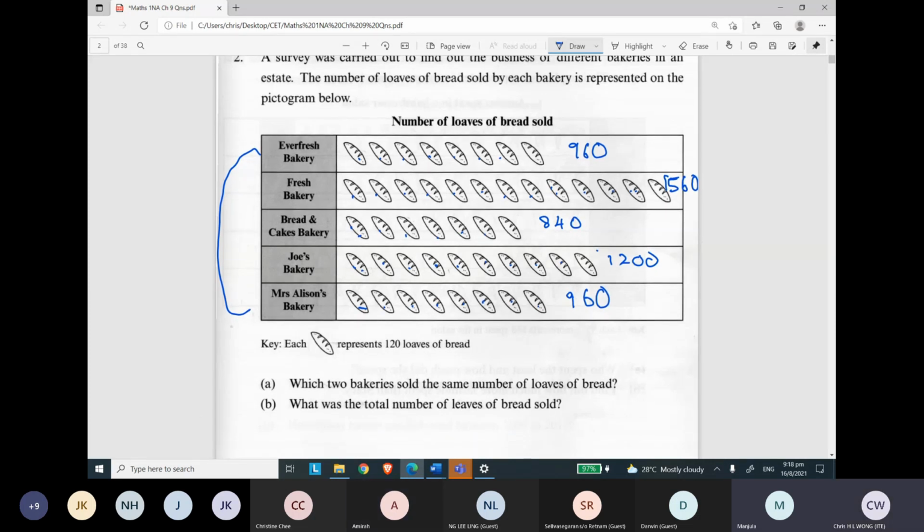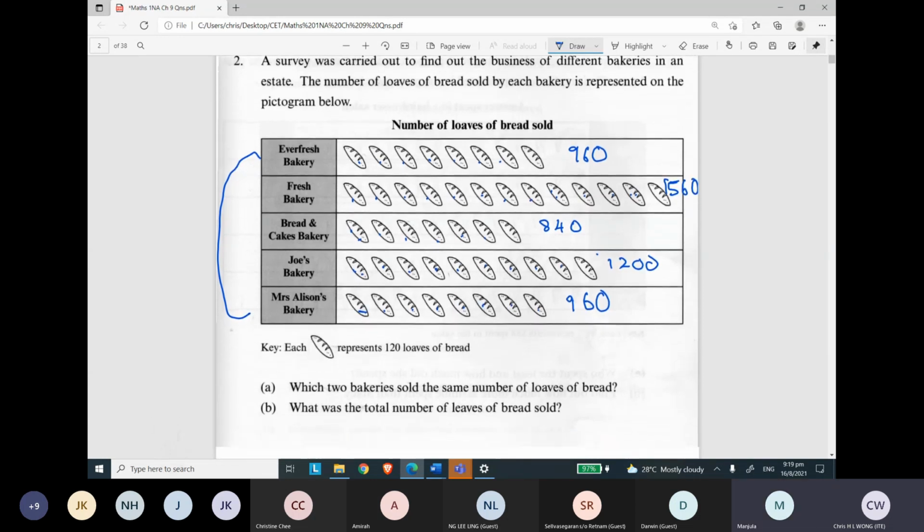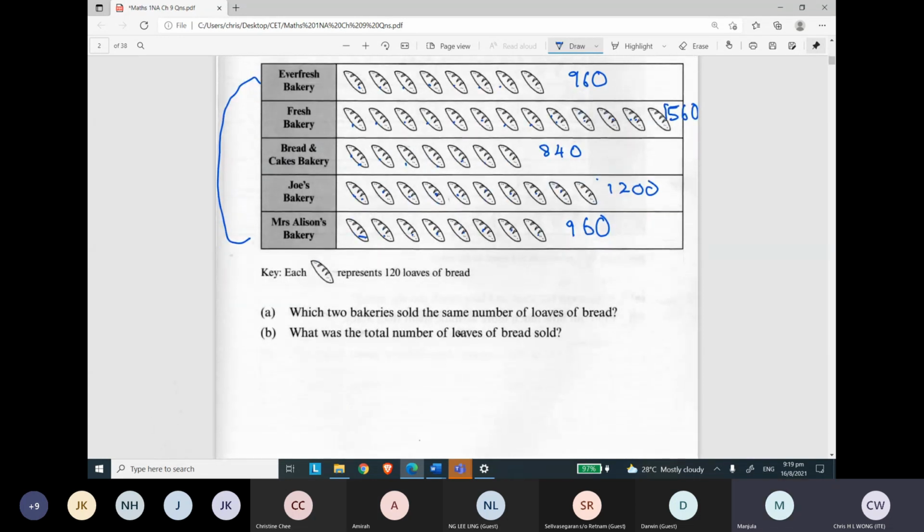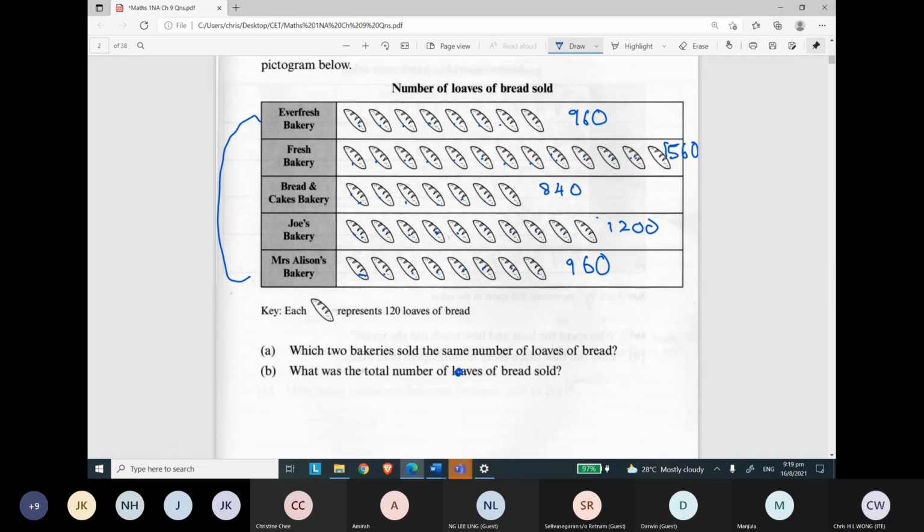What was the total number of loaves of bread sold? Loaf, not leaf. L-O-A-V-E-S. What was the total number of loaves of bread sold? Must add all, sir. So what's the answer?